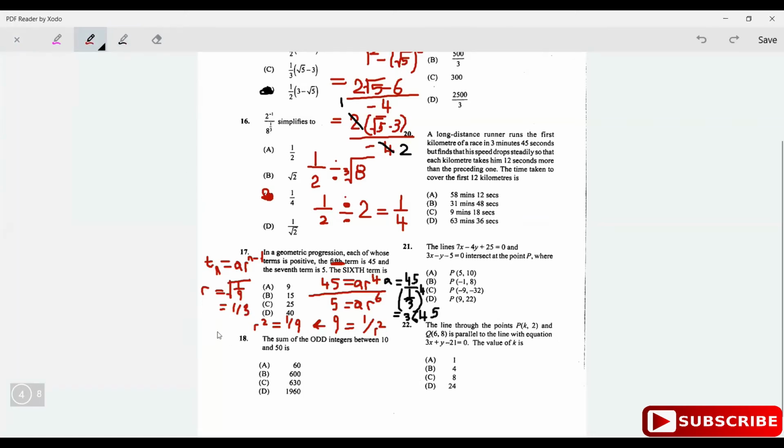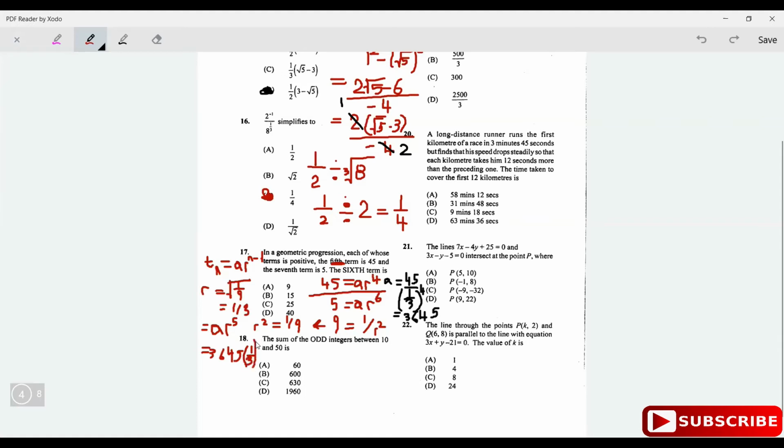So the 6th term, remember, is going to be equal to a r to the 5th. And so we need to work out a r to the 5th. So a r to the 5th is 3,645 multiplied by 1/3 to the 5th power.